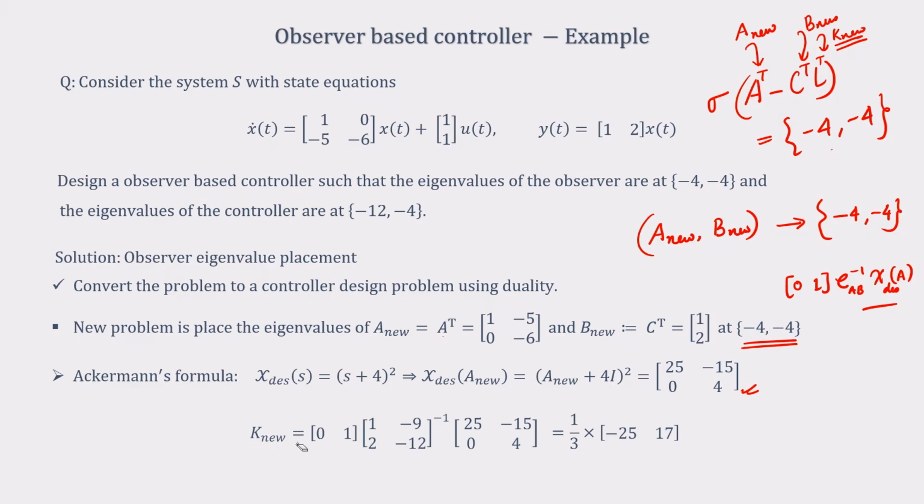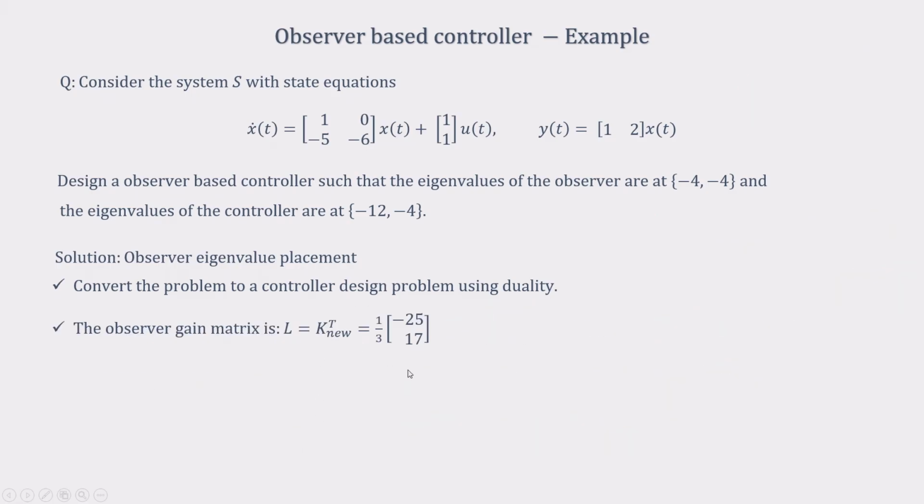But this K new is nothing but L transpose, right. So, L will be nothing but K new transpose. So, that is 1 by 3 times minus 25, 17. So, this is the L matrix that you were looking for. This L matrix will place the observer eigenvalues at minus 4, minus 4. See, the procedure is exactly similar to what we did for controller design. The only thing is that now we have to transpose and make the observer design problem into a controller design problem.